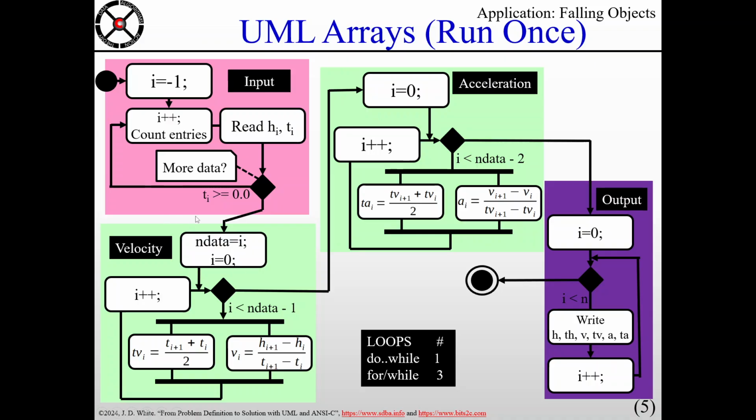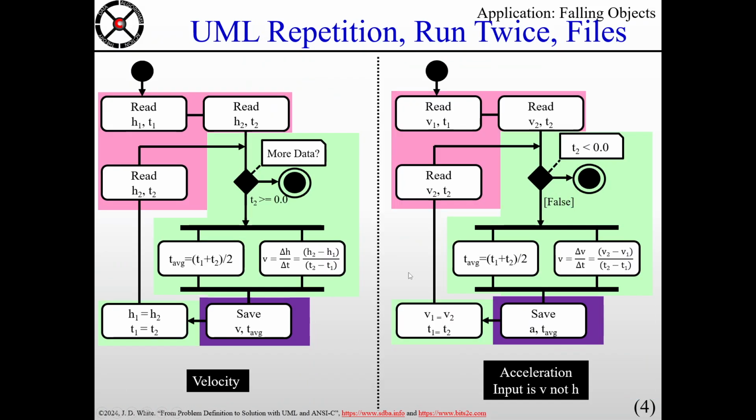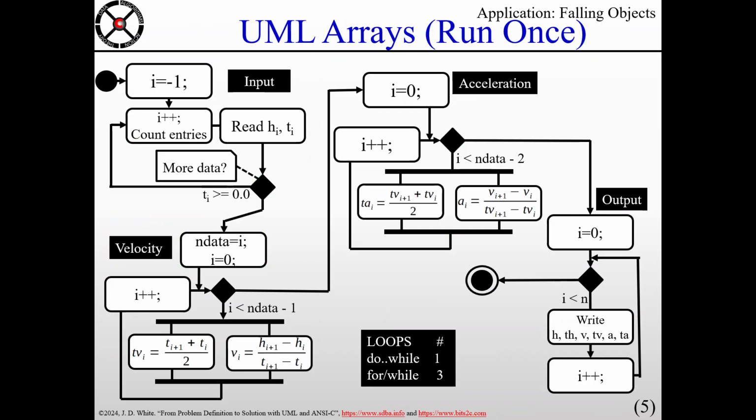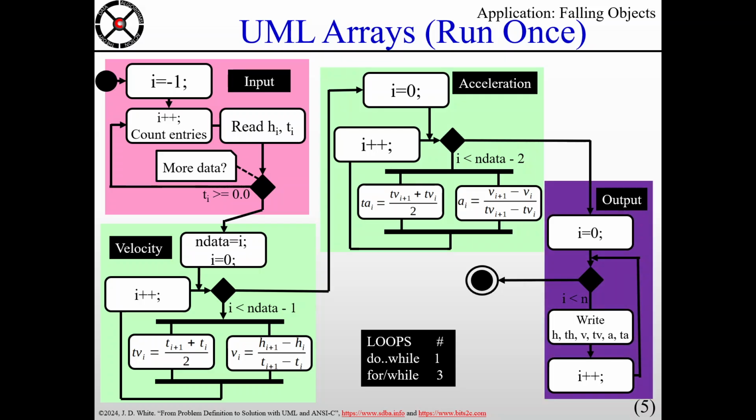So now you can see the different structure: input, calculation, output. Previously it was input, calculation, output, input, calculation, output, not as pretty. Now this will allow us to make it nice and smooth and easy.